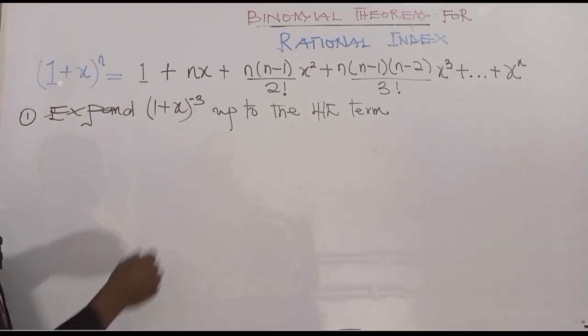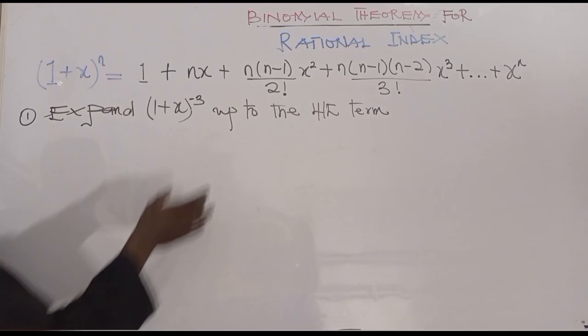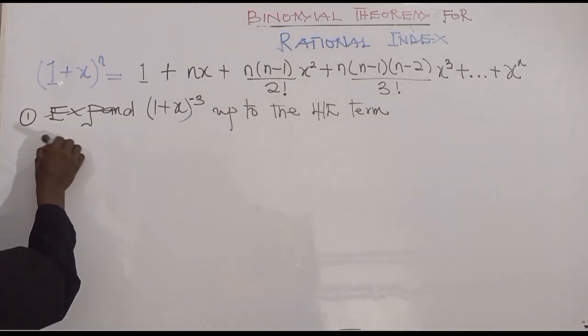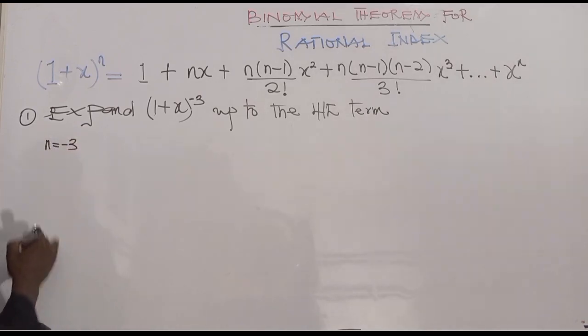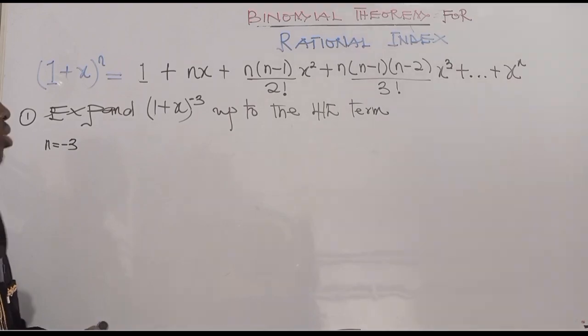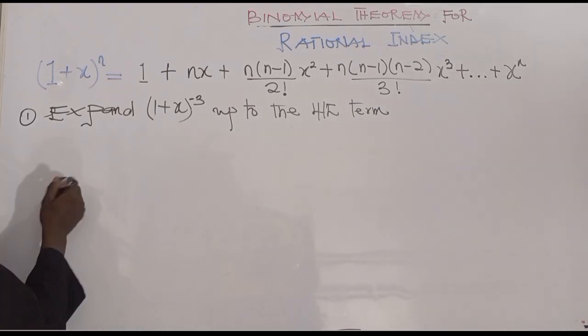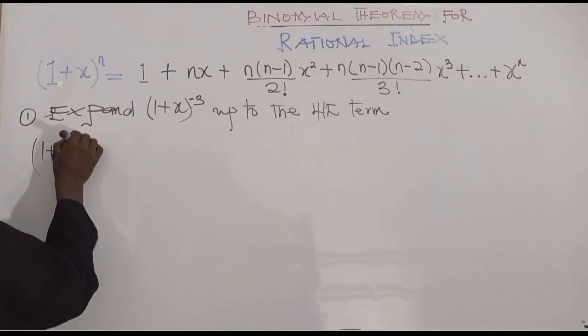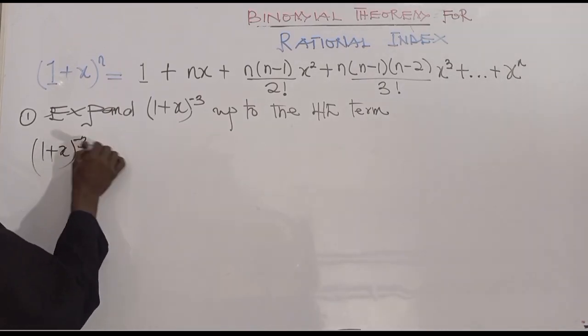We know our n is equal to negative 3, so we are just going to substitute this into the formula. So let's do just that. So we have 1 plus x raised to the power negative 3.